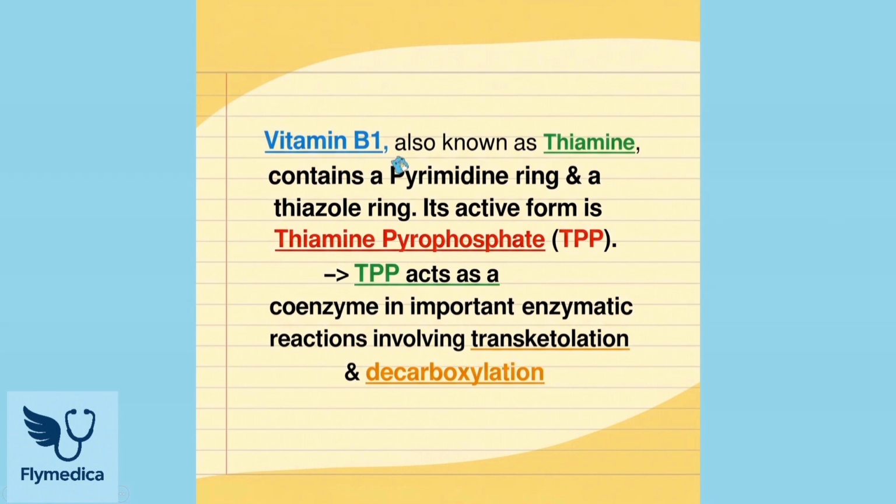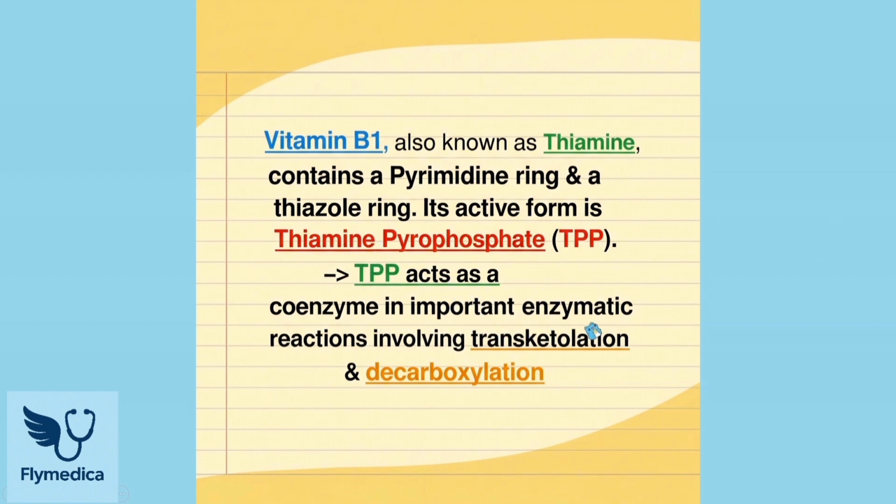So as we talked in the previous slide, vitamin B1, also known as thiamine, contains a pyrimidine ring and a thiazole ring. As you know, all the vitamins have an active form, and the active form for vitamin B1 is thiamine pyrophosphate. Its shortened form is TPP.